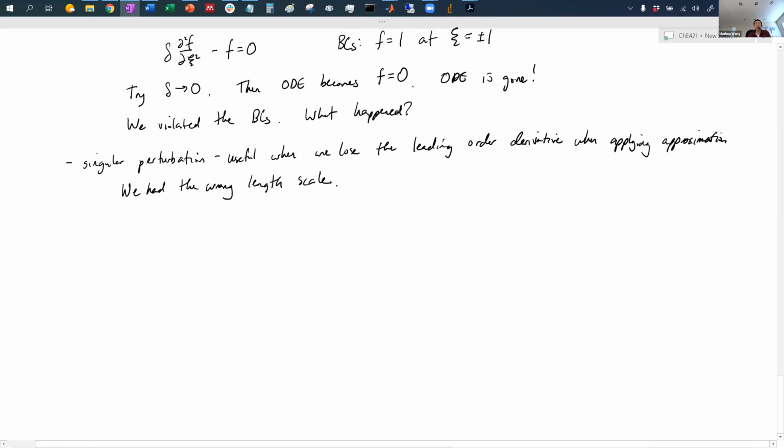And that's because before we used this definition, C is equal to X over H. Okay. But that's not really the right length scale here, because all of the action doesn't happen over a length of H. It actually happens over a much thinner layer near that boundary, right?